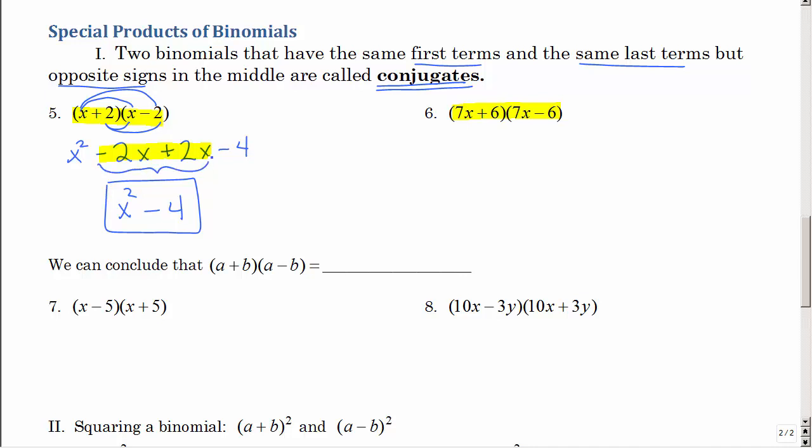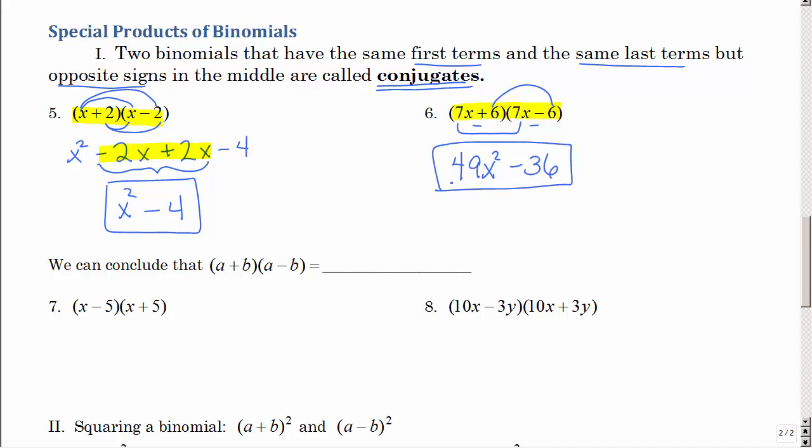So if you recognize that and you just want to write down the answer, that's okay. But if you forget, you can always use the distributive property. So I recognize the fact that those are conjugates, so I could multiply the first and the last and be done.